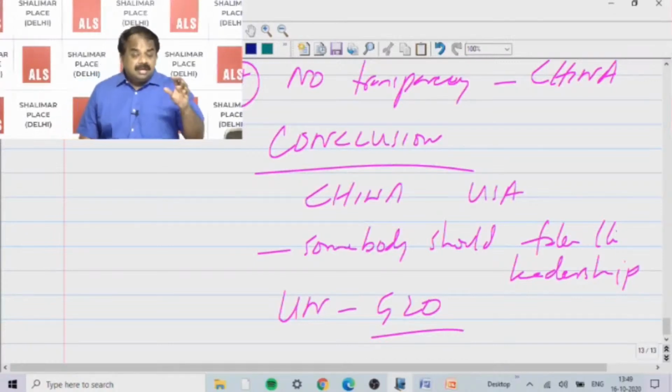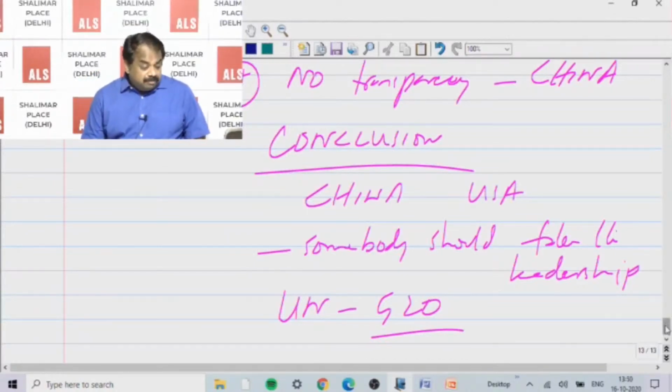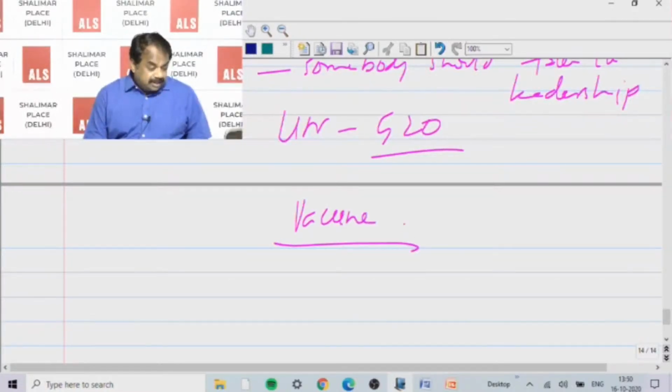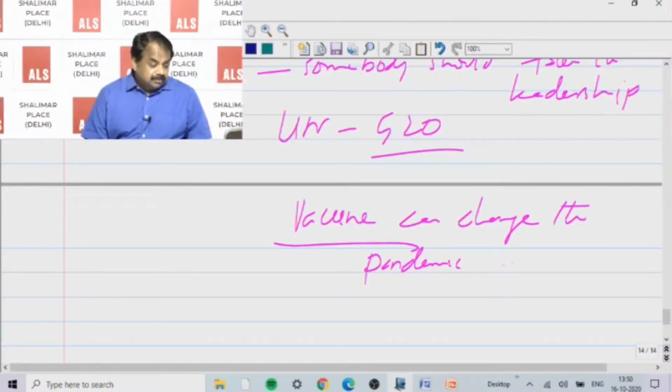A coordinated effort for a vaccine, which is missing right now, can also change the pandemic trajectory.